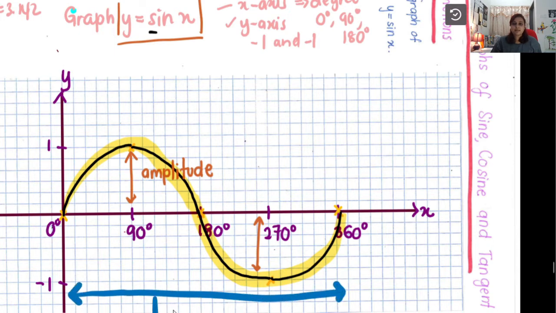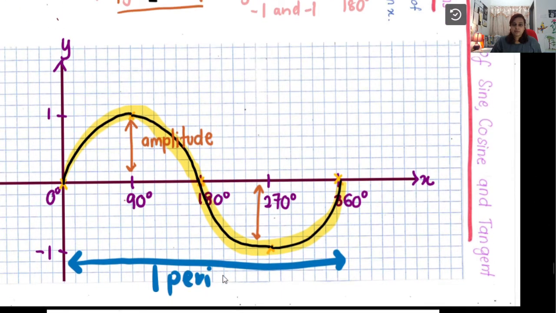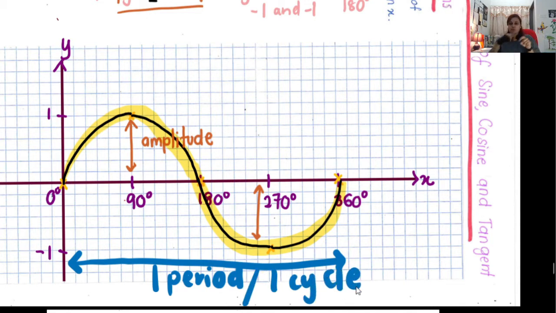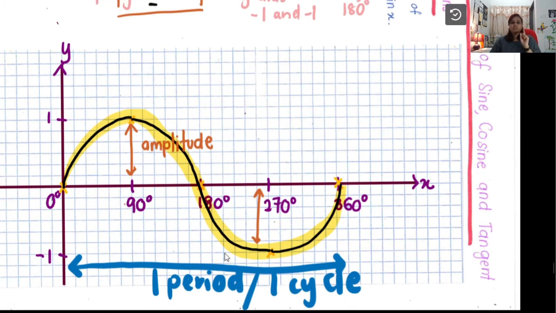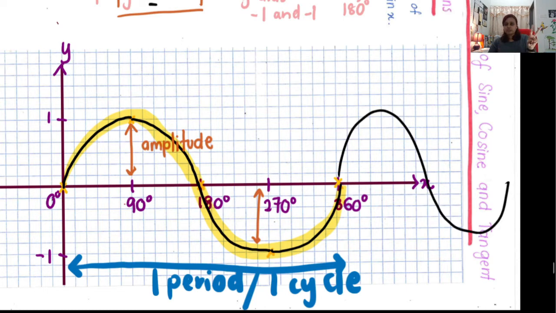This is one period, or we usually say one cycle. That means this entire shape is one cycle. So if the teacher asks you to draw 2 cycles, that means you already have one, so you just need to draw one more, like that. So this is now 2 cycles, 2 periods.